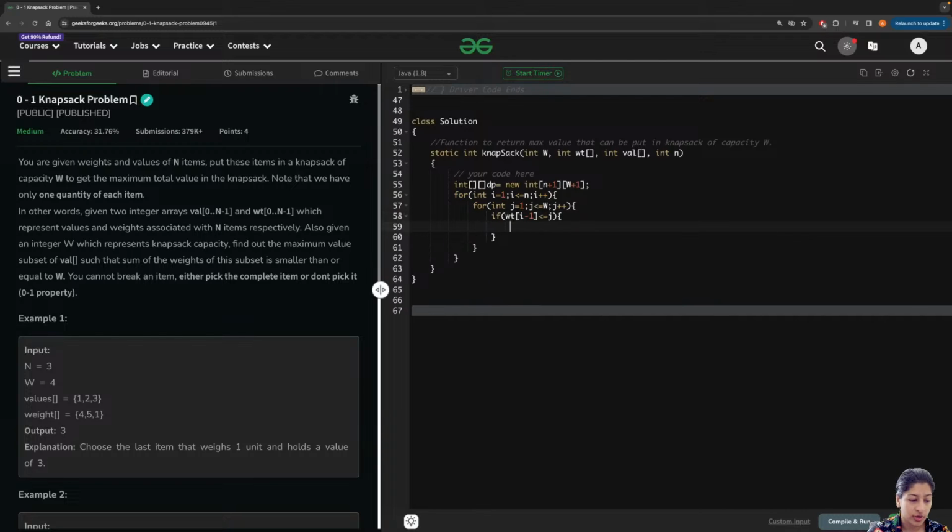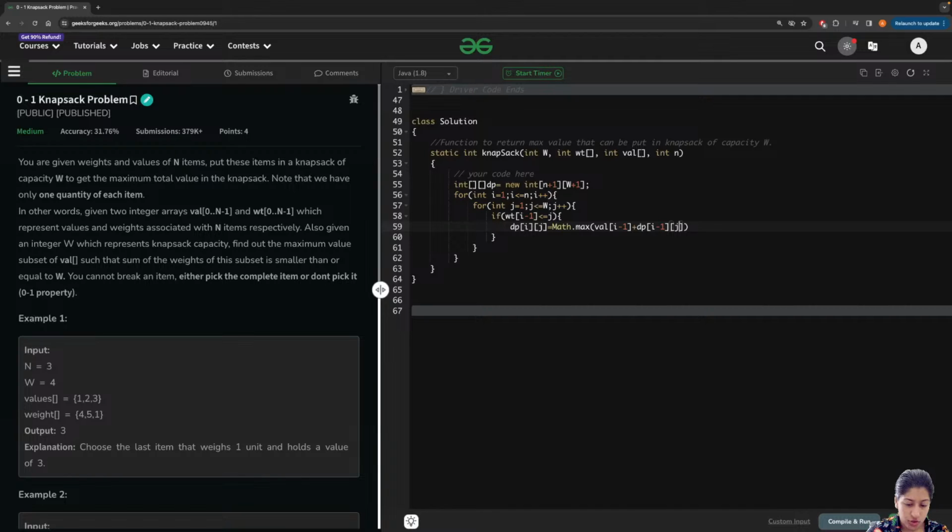in that case you will go ahead and insert into DP of i j with two possibilities. When you select it, what is the profit, Math.max of value of i minus 1, that is when you are selecting it, plus the profit for the remaining capacity, given to us by DP of i minus 1, and how much weight will be remaining. So j was your current capacity for your knapsack, and you have inserted weight of i minus 1.